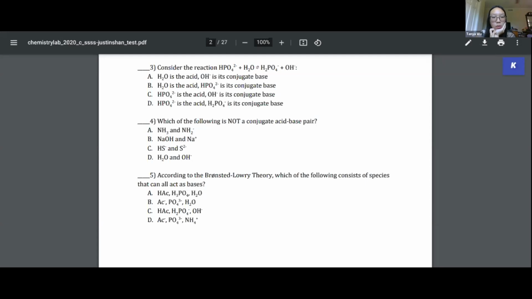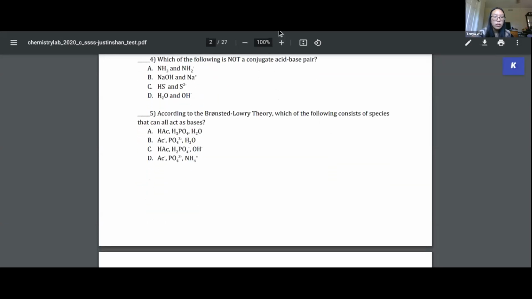Okay, in number 3, you can see that the water donated a proton to HPO4, and then it turned into hydroxide. Since water gave away a proton, that is an acid. A conjugate base is just what's left over of the acid after it disassociates or gives up that proton. So hydroxide is the conjugate base. The answer is A for this one.